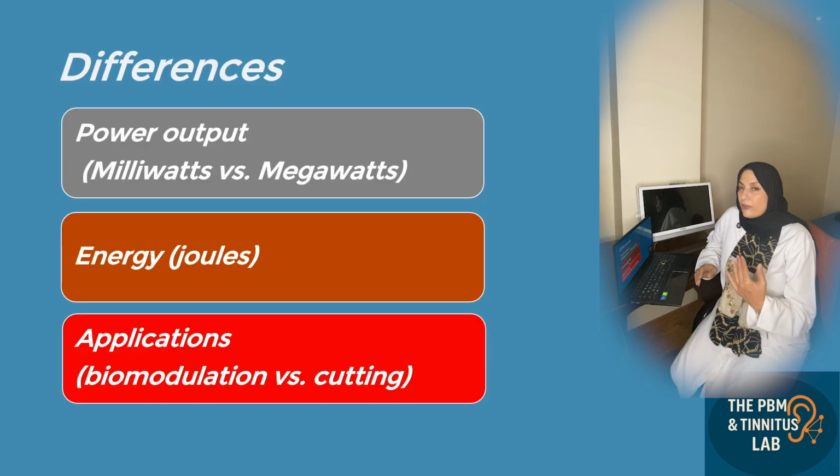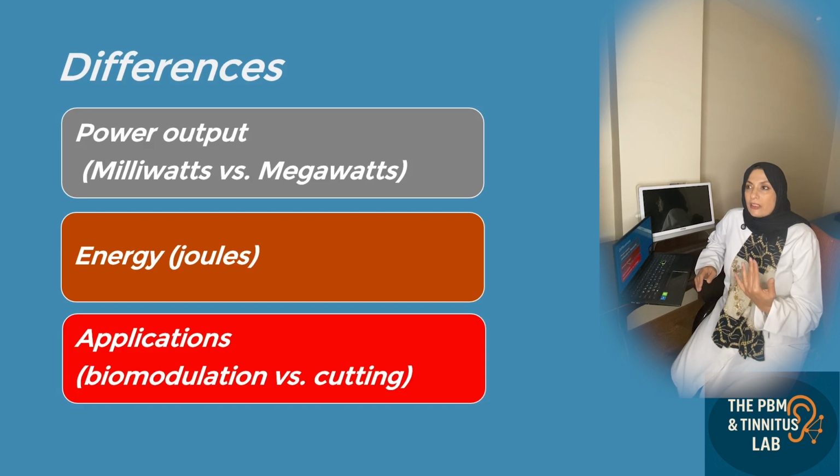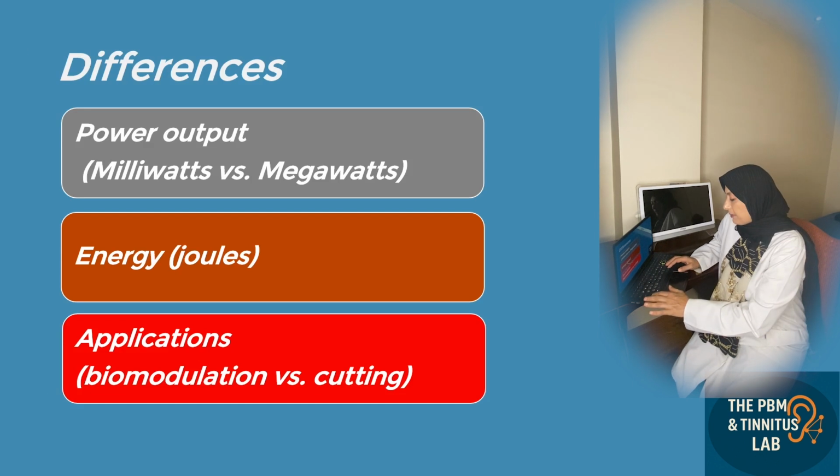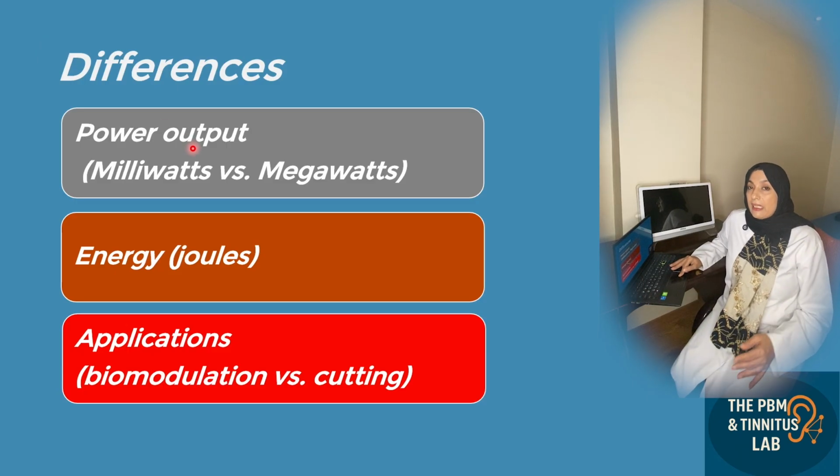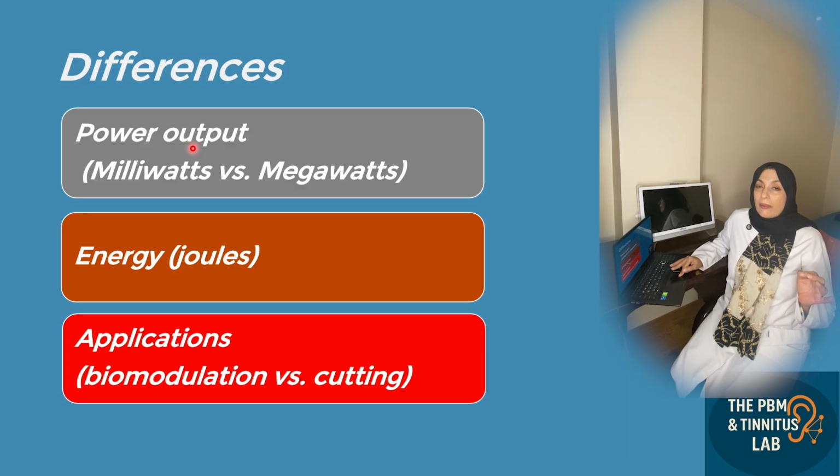The main differences between the two types of lasers are, at first, the power output. In low level lasers, the power output is about milliwatts, but in high level lasers, the power output is from watts to even megawatts. And the second one is the energy, because the energy is the product of power and time.